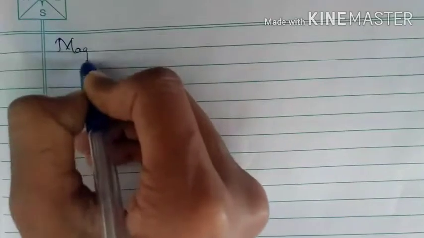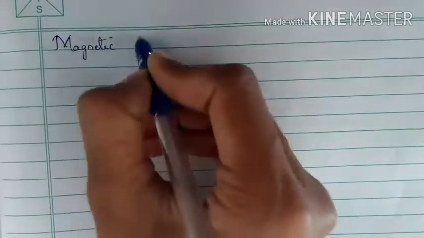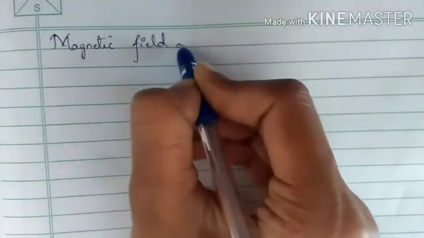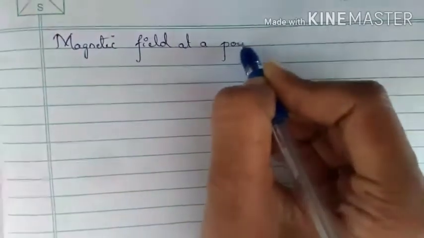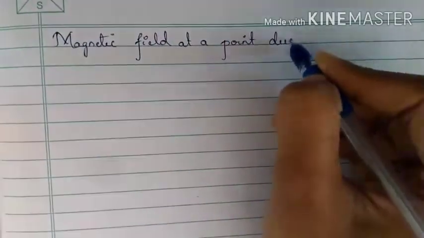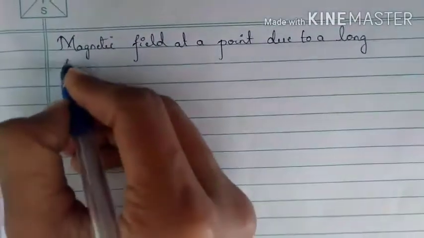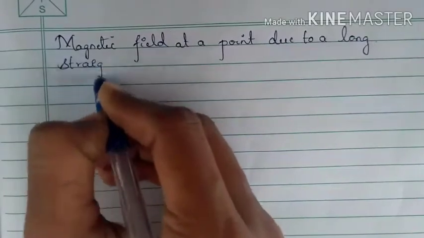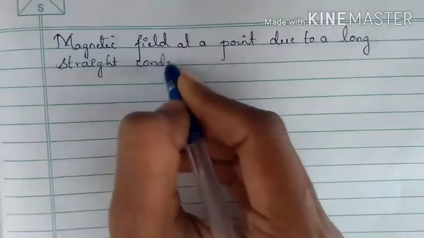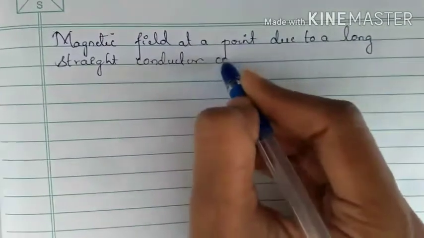We have the next derivation, magnetic field at a point due to a long straight conductor carrying current.